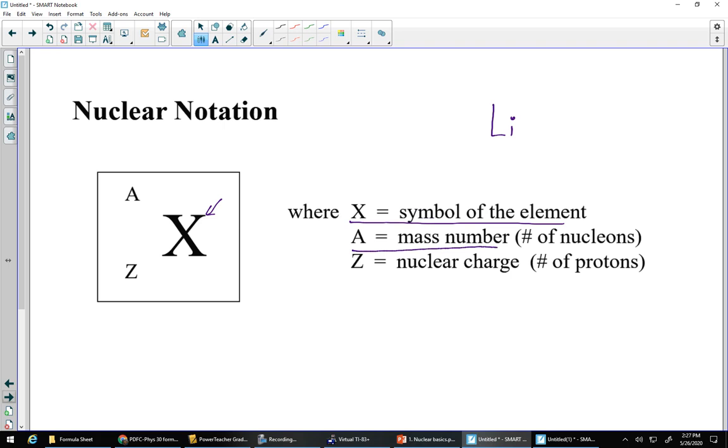A is the mass number, which is the total number of nucleons, and Z is my nuclear charge. It's kind of a weird way to put it. Let's think about what kind of things have charge inside of the nucleus. Well, the things that have charge inside the nucleus are the protons, so Z is the nuclear charge, but it's also the number of protons, in terms of E, or the elementary charge.